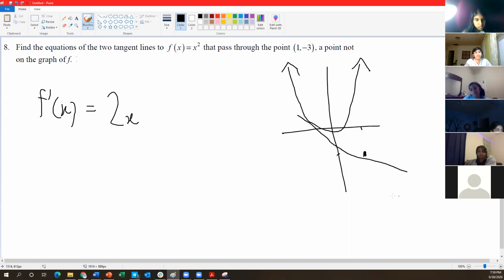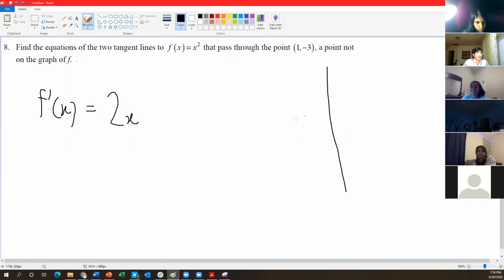Once again, it should be passing through that point, but I'm so clumsy and I can't draw. And we're trying to find, I can't draw the angle properly, but hypothetically, there would be another tangent line that touches f. Here, let me just redraw this, because this isn't working right now. So let me draw this a little bit closer.